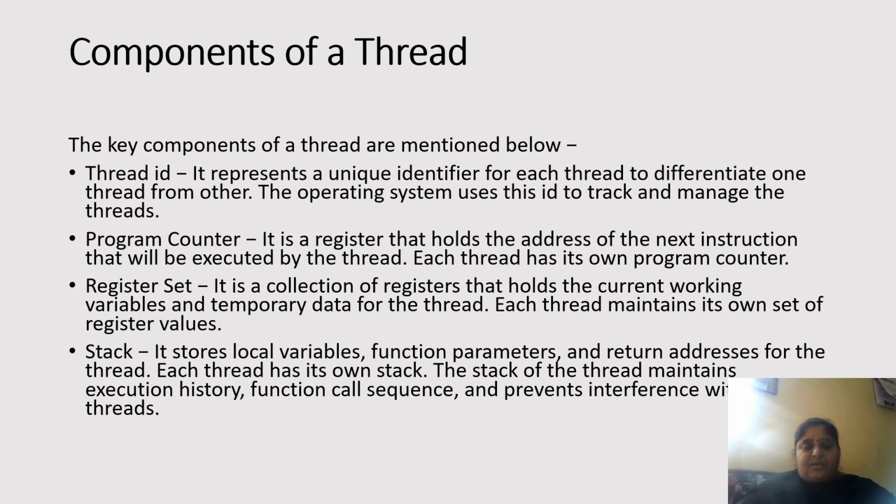It stores local variables, function parameters, and return addresses for the thread. Each thread has its own stack. The stack of the thread maintains execution history, function call sequence, and prevents interference with other threads. So every thread will have a program counter, register set, ID, and stack. Okay, these are all the components of a thread.